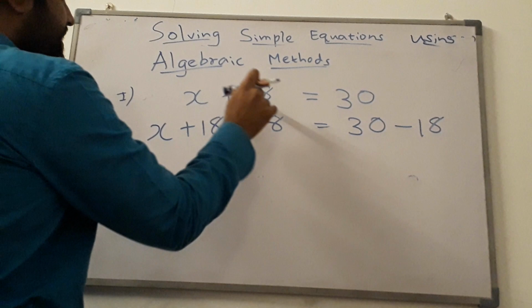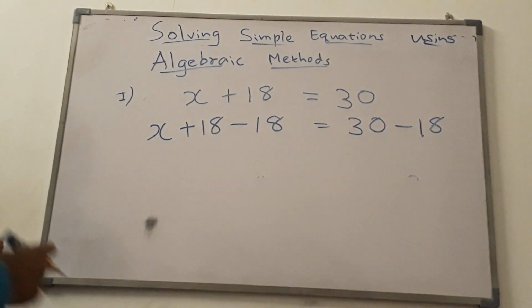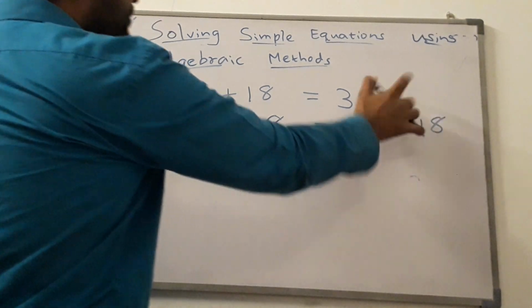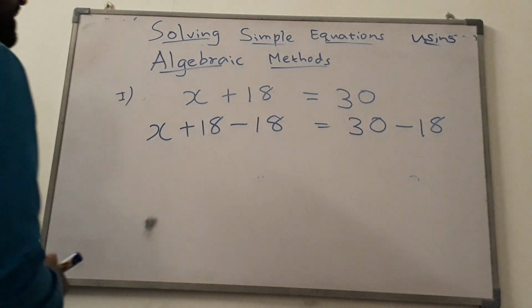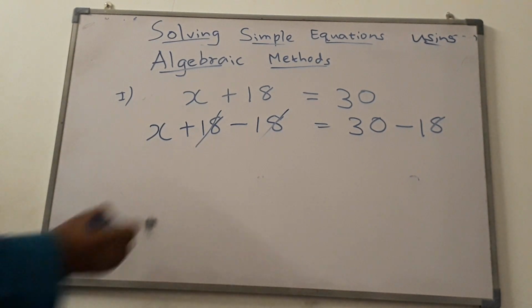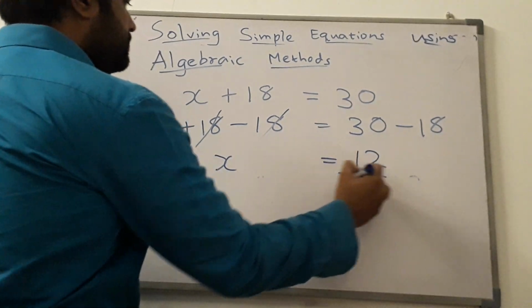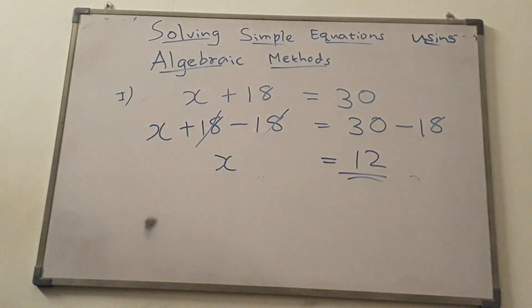Here it is x plus 18, so to cancel 18, I subtract 18. To do the same thing, I subtract 18 from 30 as well. So 18 and 18 get cancelled. So x is equal to 12, or 12 plus 18 is 30. So we can get 12 with the algebraic method.